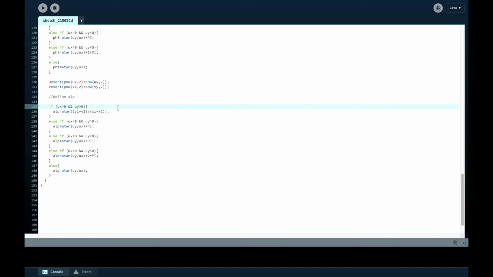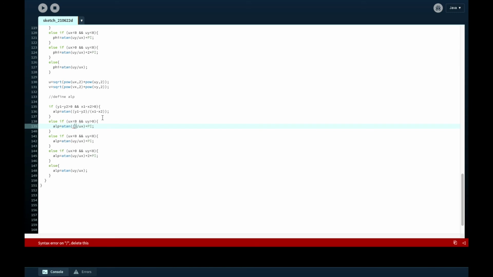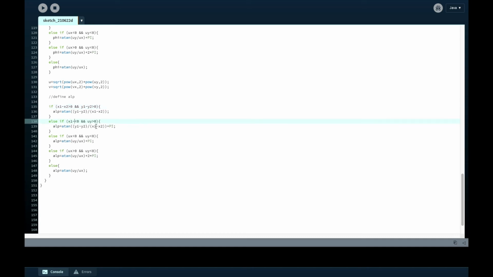So if both y1 minus y2 and x1 minus x2 are positive, that's the formal definition. But that's not always the case, so I'm going to have to do the same thing I did for everything else. I'm going to set y1 minus y2, x1 minus x2. If x1 minus x2 is negative and y1 minus y2 is positive, meaning it's in the second quadrant, for the same reason I add pi.